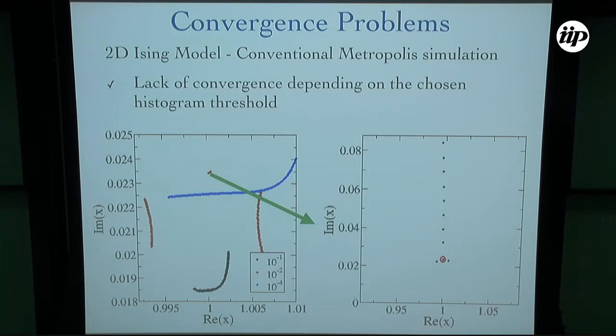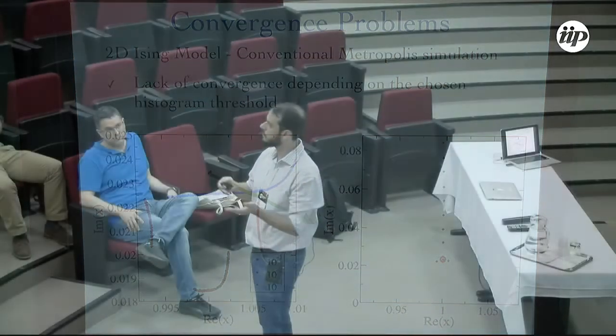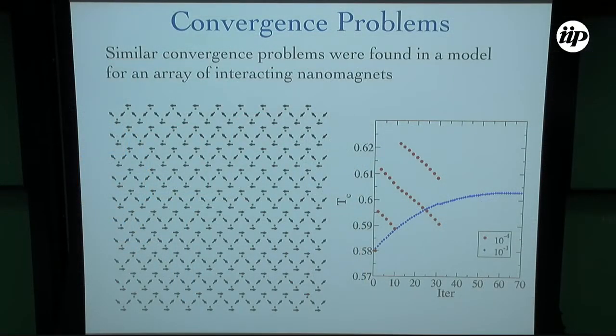I would expect a smaller value, perhaps around this region here instead of up here. So it seems that in this case there is a problem either with the polynomial or with the roots finder. We are not sure about what is really happening. And we see very similar behavior in a completely different system.